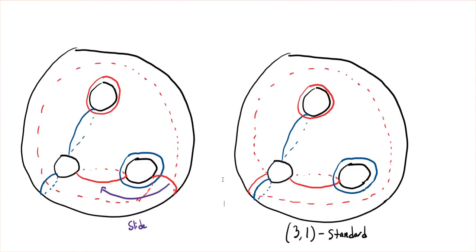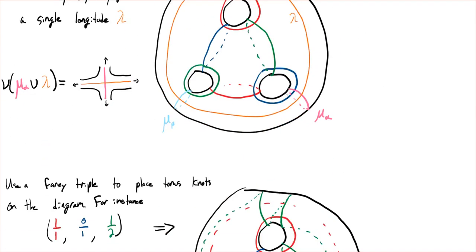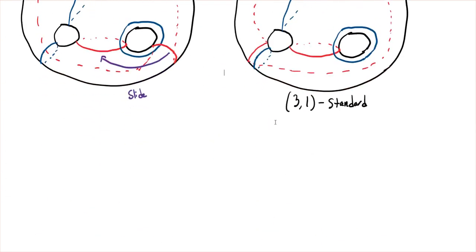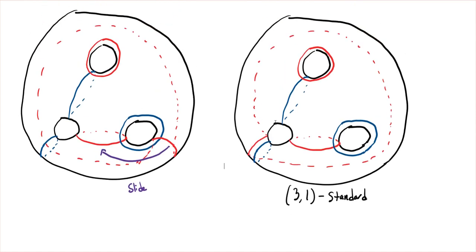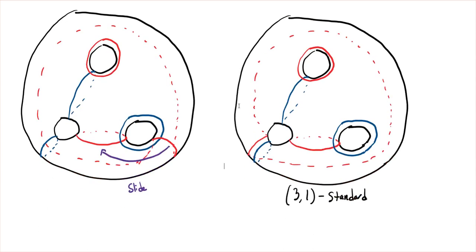Okay, great. We have a combinatorial way to generate an infinite family of genus 3 diagrams, and they can seem incredibly complicated if you just make these fractions really large. They get really complicated, and try as you might by hand, it's kind of difficult to show anything. It's hard to show that they're slide equivalent to each other for different fraction values.